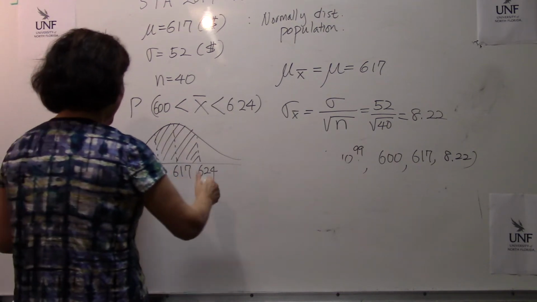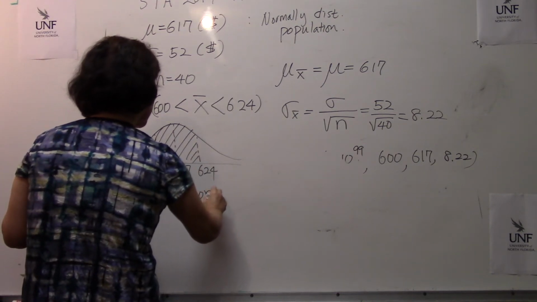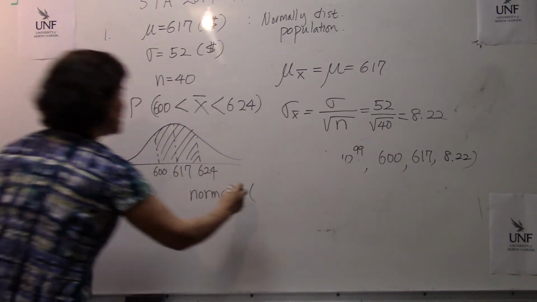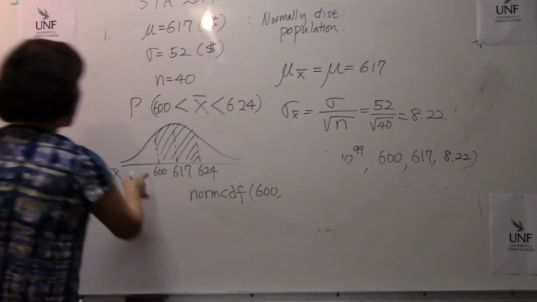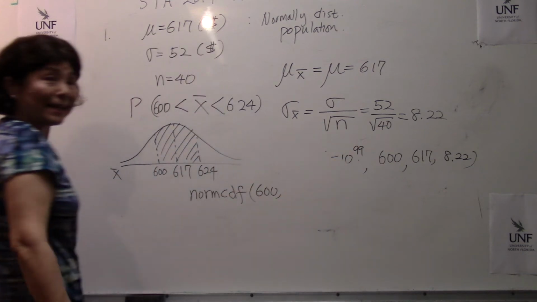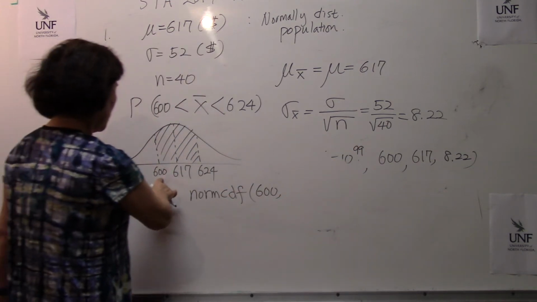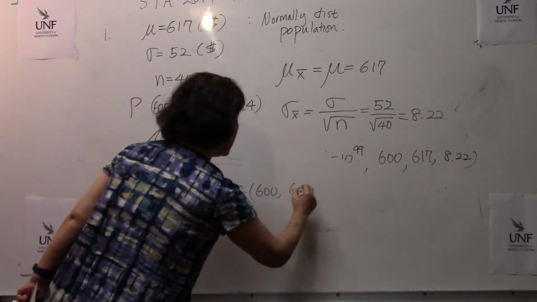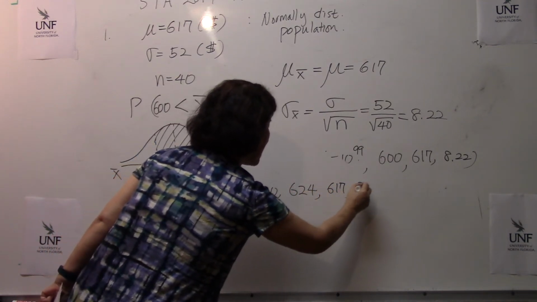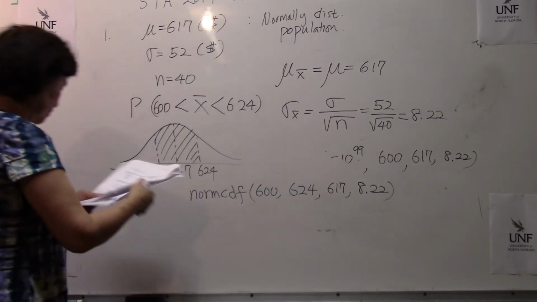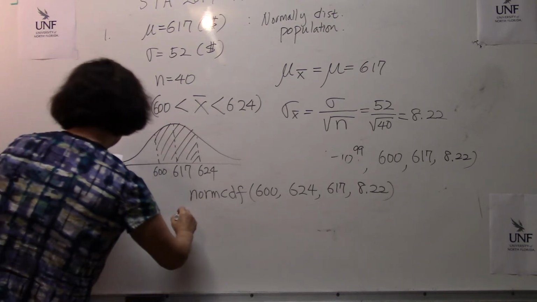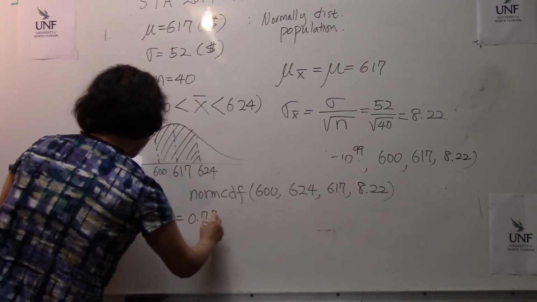And in order to do that, again, normCDF. This time the lower number is what? 600, yes. If you start from the left end, you are going to use negative 10 to the 99th power. But here the lower number is this. The upper number is 624. Yes, same, 617 and 8.22. That one will give you 0.7835.